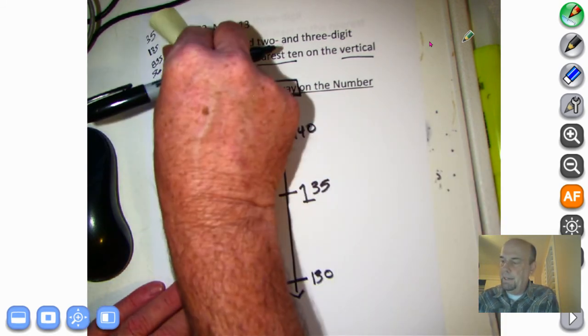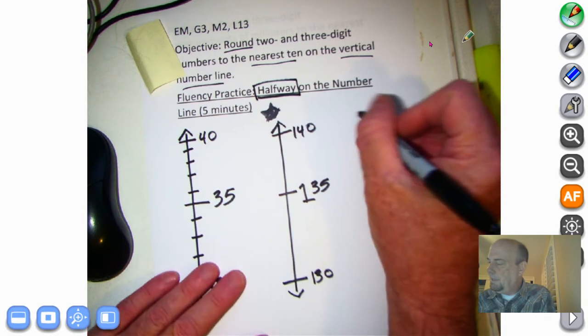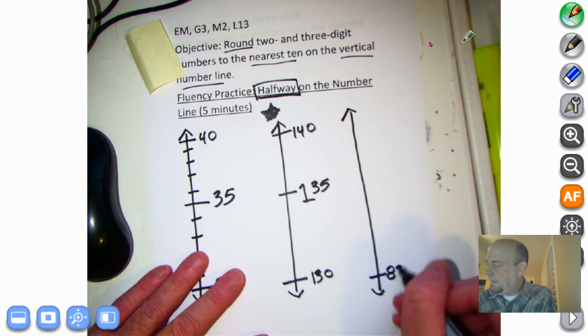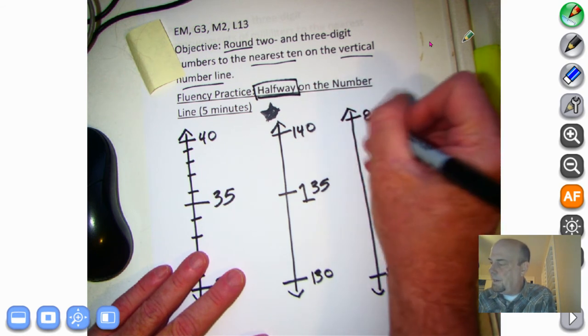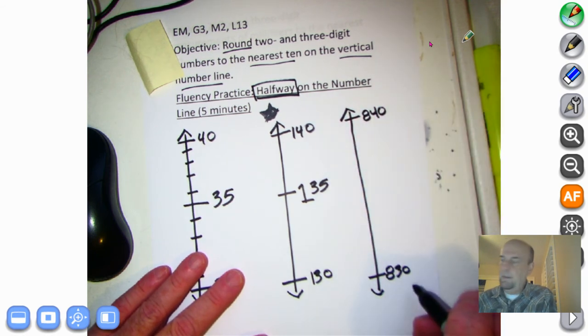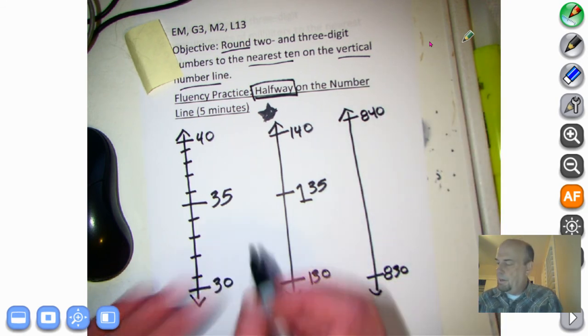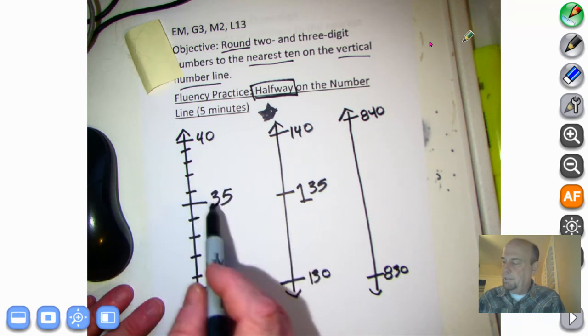I'm going to sneak here. And we're going to go a little bit higher. And we'll do 830 and 840. So I have 830 down here, 840 up here. Where is the halfway point? Well, we know the halfway point between 30 and 40 is 35.